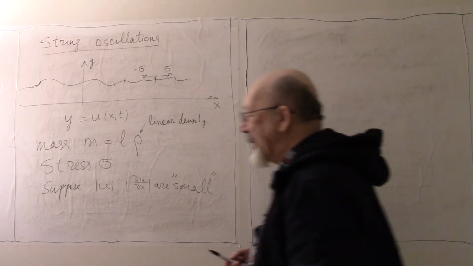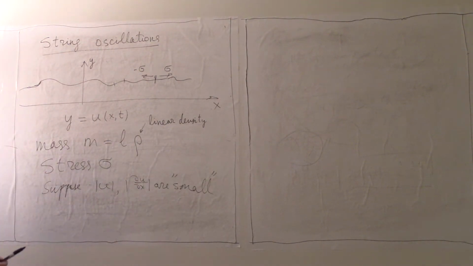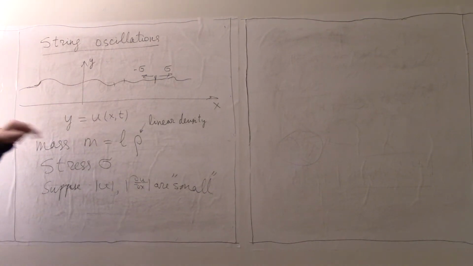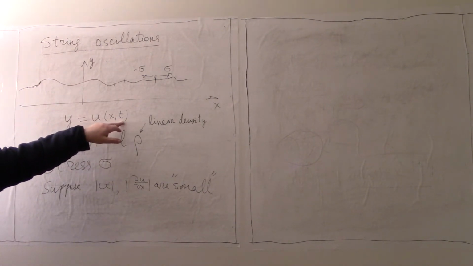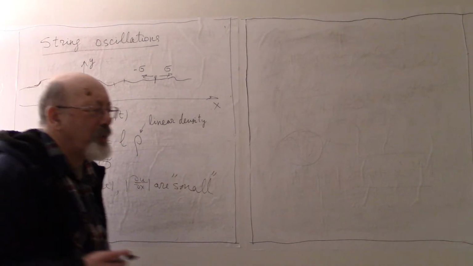Now the next thing is to derive the differential equation which describes the motion, meaning that this function u of x, t satisfies some differential equation.